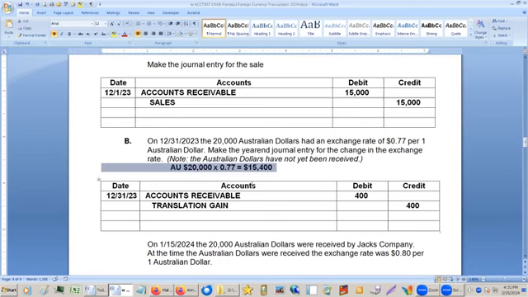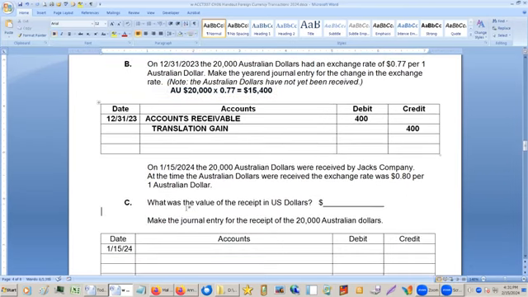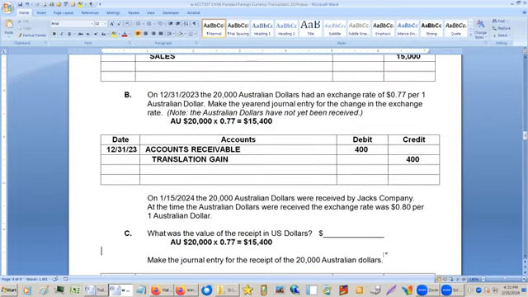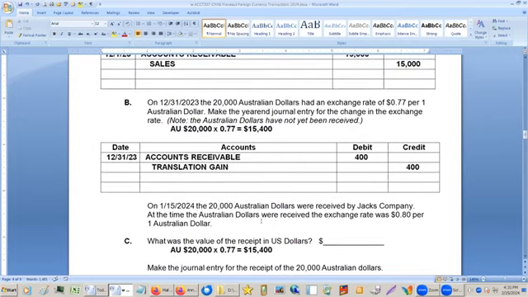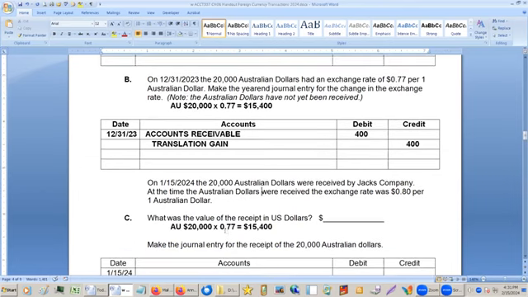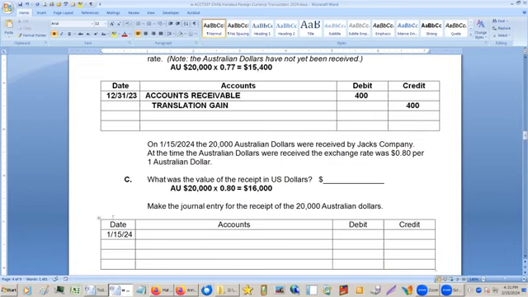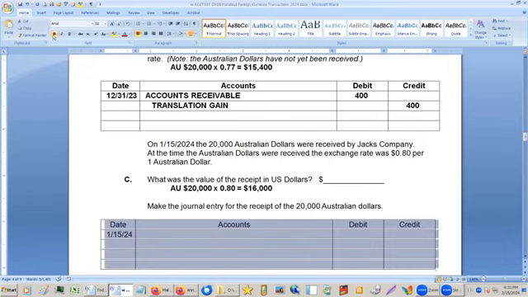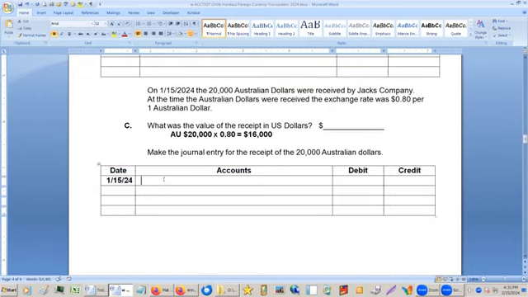Okay, coming down here. At the time they received it on the 15th, 80 cents, 16,000. Okay, so I'll do the easy part.